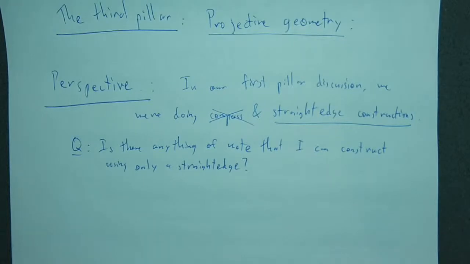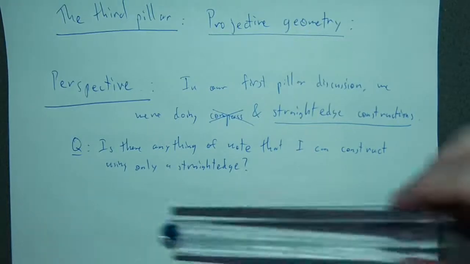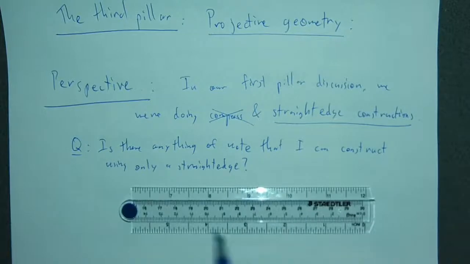Well, remember, when we talk about a straight edge, we don't actually have these markings. Our straight edge is completely unmarked. So the straight edge is really used as a method of extending lines, drawing in lines, extending lines between 2 points. That's what we use a straight edge for.